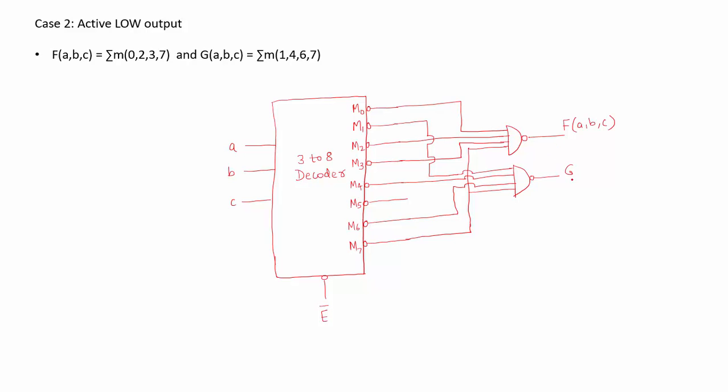So this will be g of a comma b comma c. We can verify this if you want.